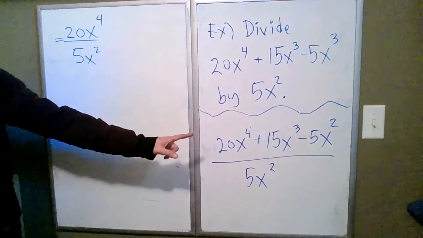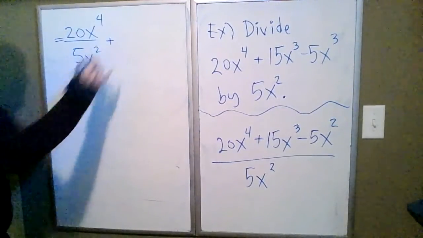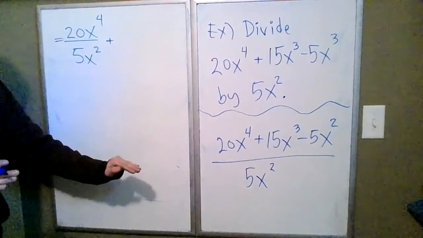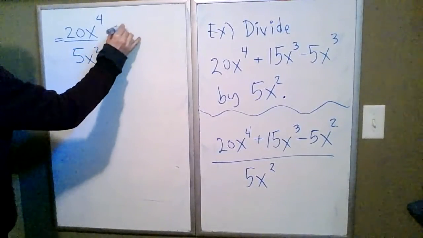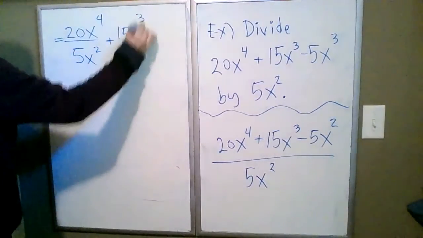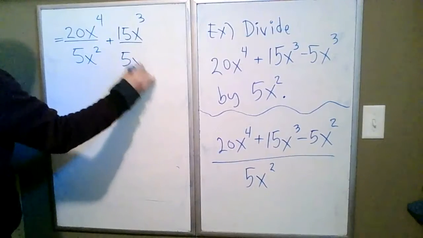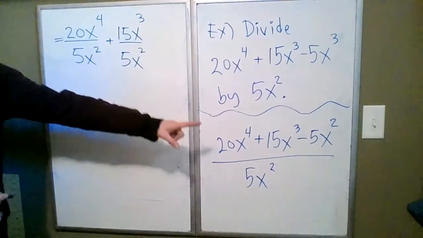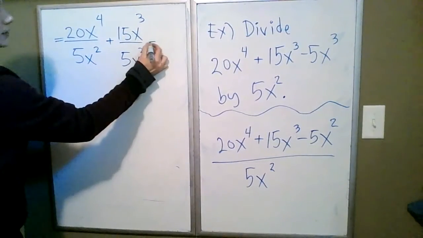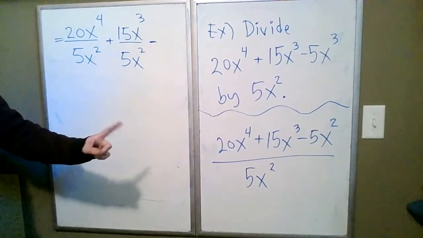And then plus 15x cubed over 5x squared. Minus 5x squared over 5x squared.